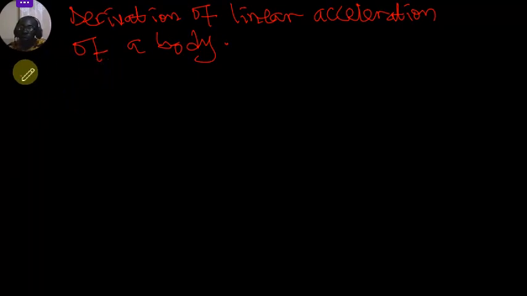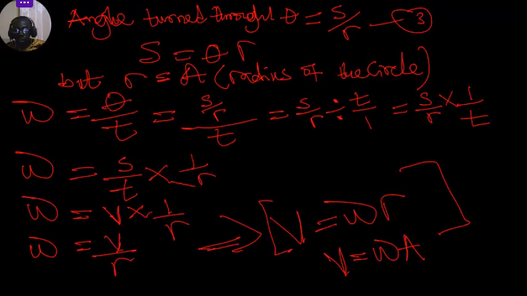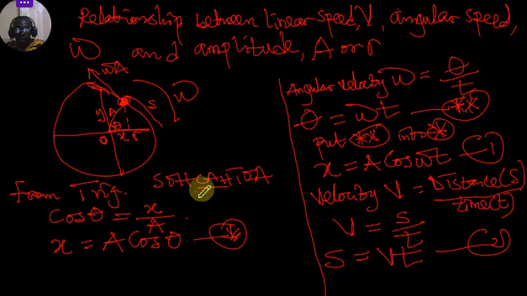Before we can do that, you have to recall that x is a cos theta, right? We got that from the first sketch here. X equals a cos theta, which is our equation star.